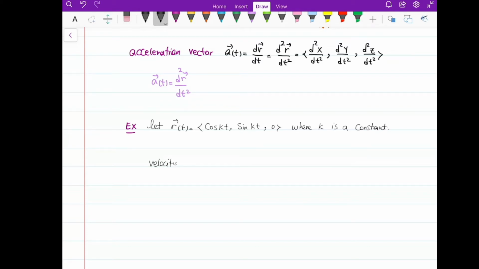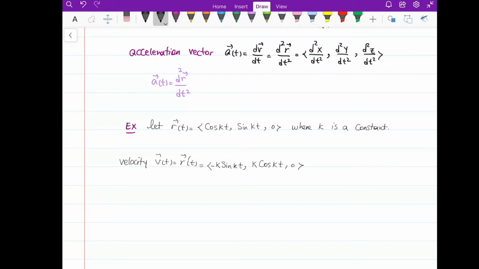Velocity v of t is the derivative of the position vector. Now take the derivative of cosine of kt. K is just a number. The derivative of the inside is k, and the derivative of cosine is negative sine of kt. The derivative of sine of kt is k cosine of kt, and the derivative of 0 is 0.